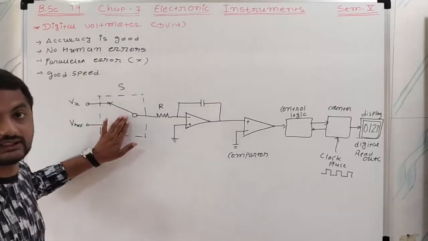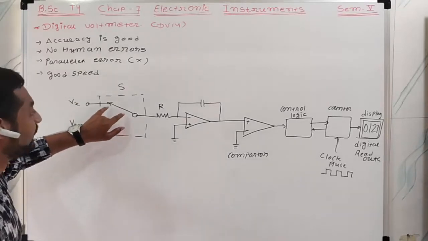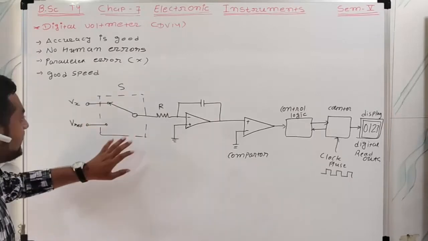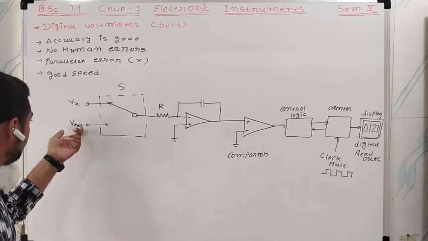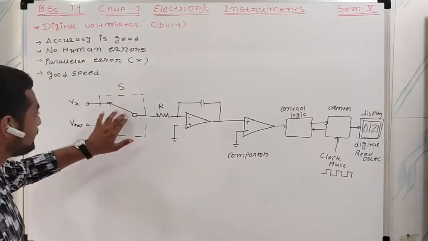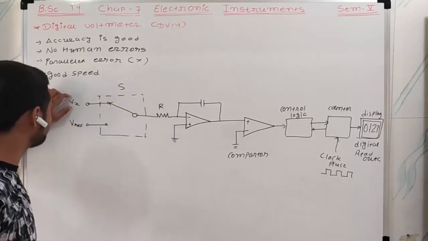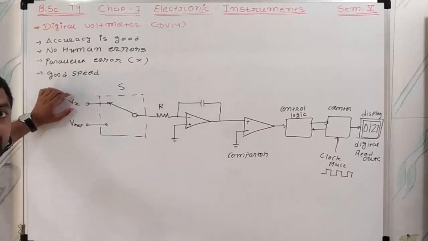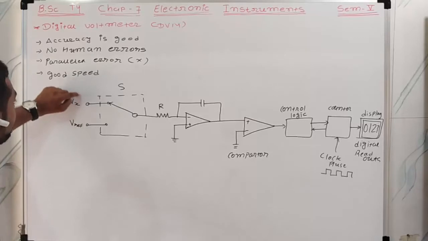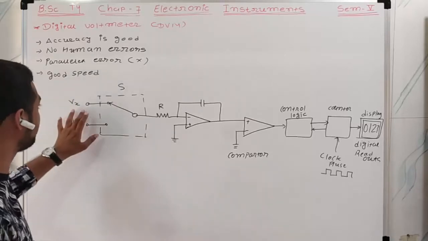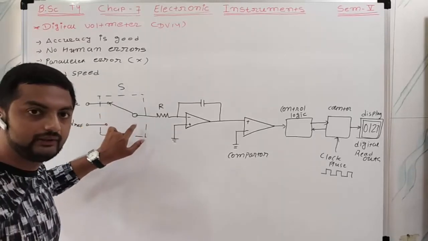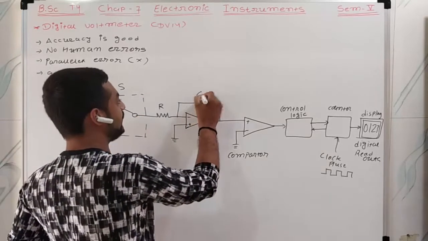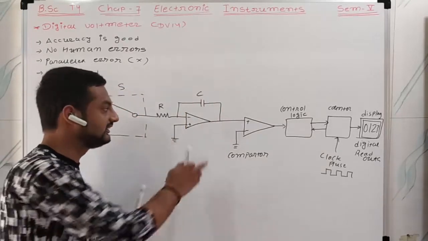So this switch is choosing whether we want to apply Vx, that is applied voltage, or you want to apply reference voltage. આ સ્વિચ નક્કી કરશે કે તમારે રેફરન્સ વોલ્ટેજ આપવો છે કે એપ્લાઇડ વોલ્ટેજ આપવો છે. સપોઝ first we have applied the applied voltage over here and current will flow through this. This one is an amplifier. It will amplify the signal.